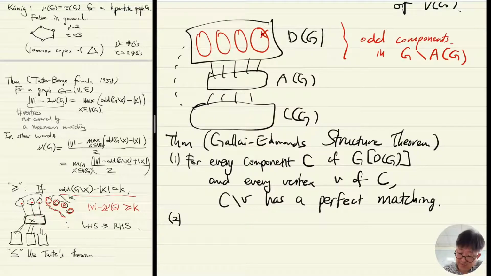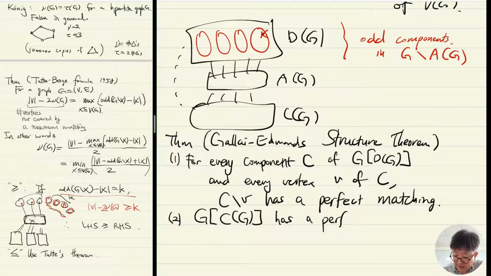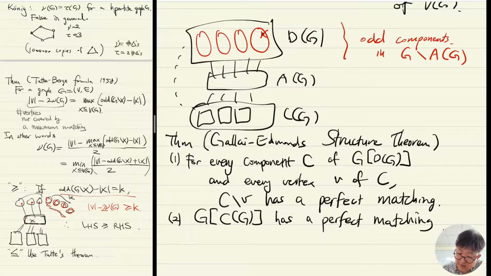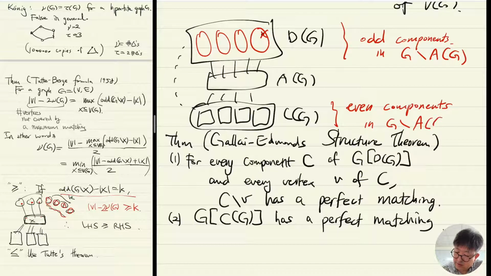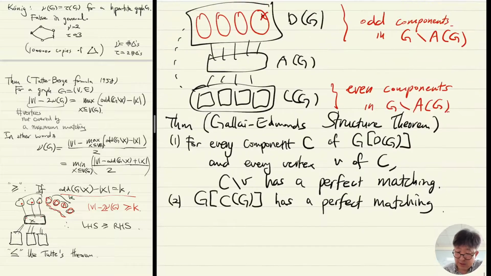What about the second property? The induced subgraph G[C(G)] has a perfect matching. So what does that mean? That means C(G) may have many components. Each component will be an even component because each component has a perfect matching. So these are the even components.